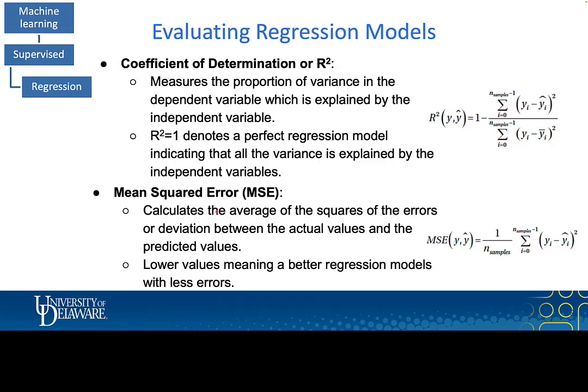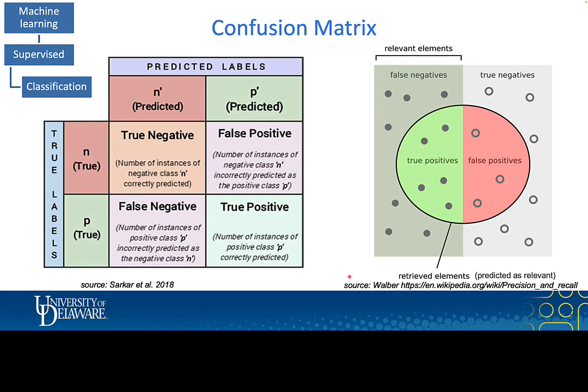The mean square error calculates the average of the square of errors or deviation between the actual values and the predicted values. And in this case, the lower, the better. For classification, the confusion matrix is one of the most popular ways to evaluate a binary classification as well as a multi-classification model.